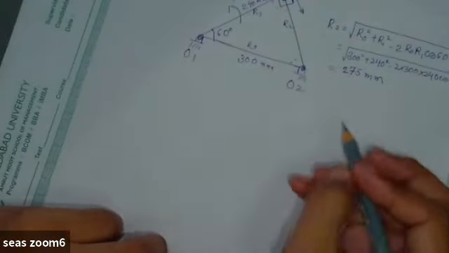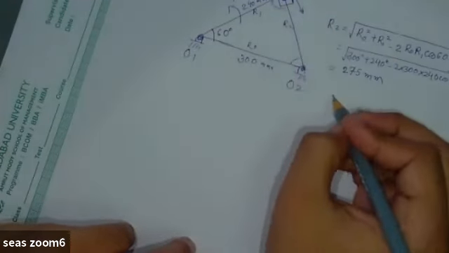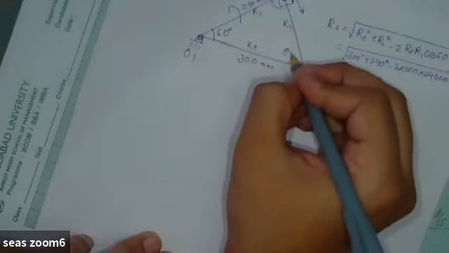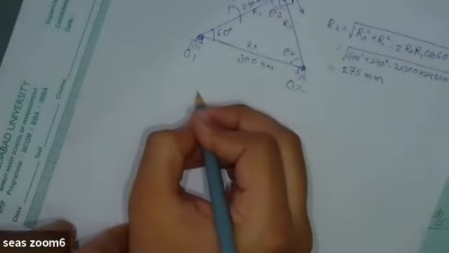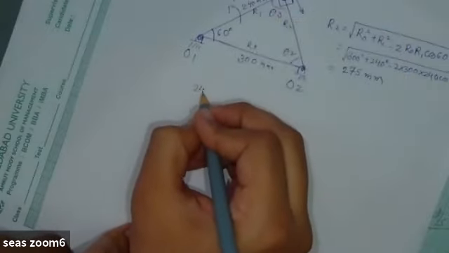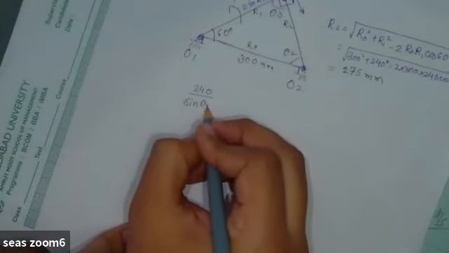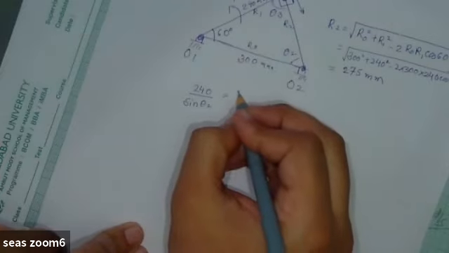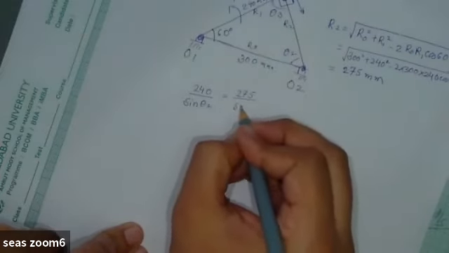Now we have R2. We can determine these two angles using the sine rule. Let's say this is theta 2 and this is theta 3. Then we can write 240 by sine theta 2 is equal to R2, which is 275, by sine 60.